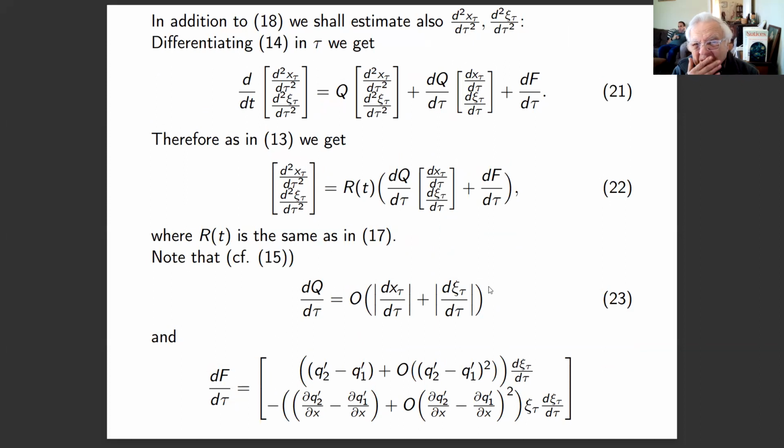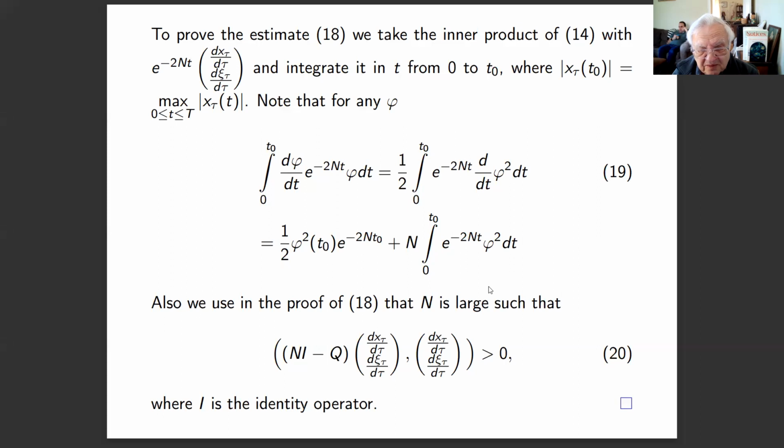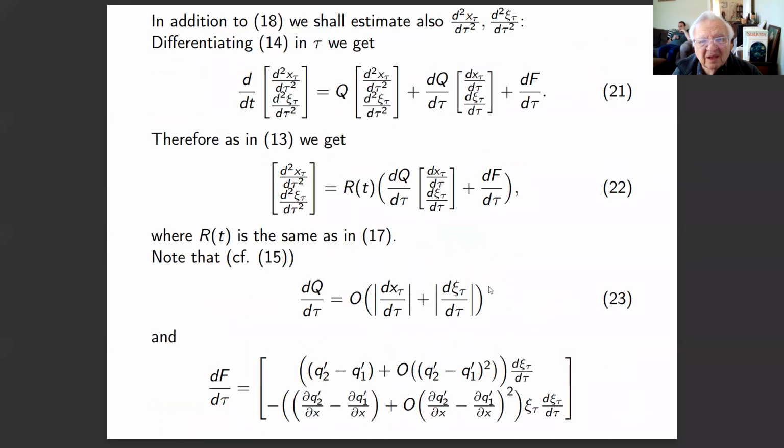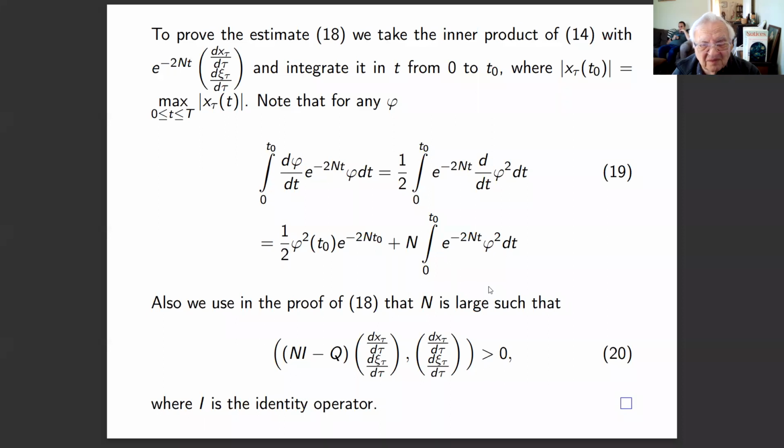We need to use formula 20 to suppress the low order term in the equation and use this integration to get the main estimate.